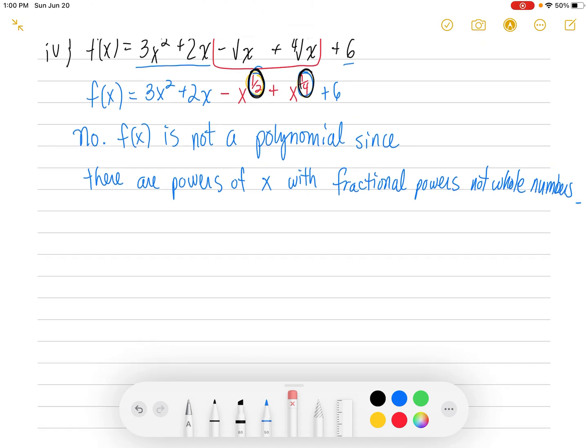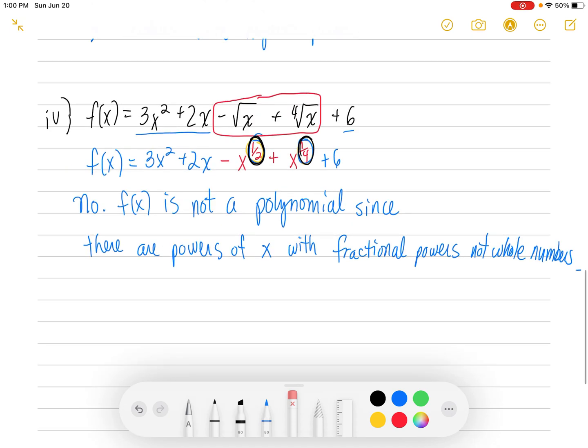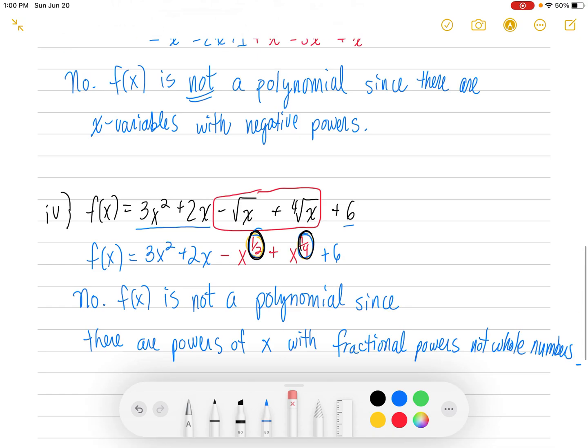Okay? What else? Or another way you could just say that because there are radicals over the variables. Anytime you have radicals over variables, square roots, fourth roots, third roots, any kind of radicals over variables, you're not going to have a polynomial. It's something else you could just say.